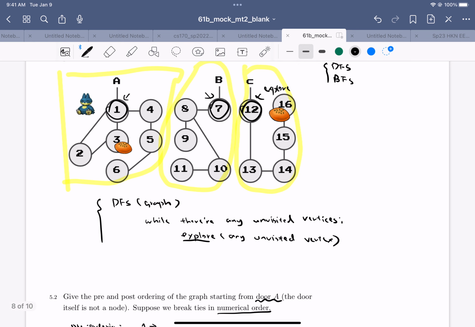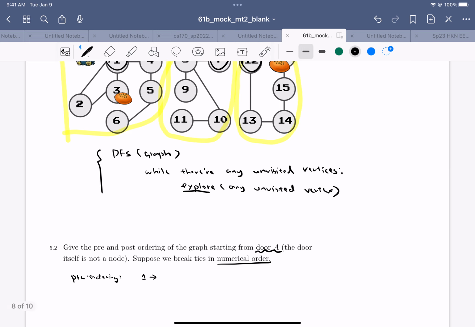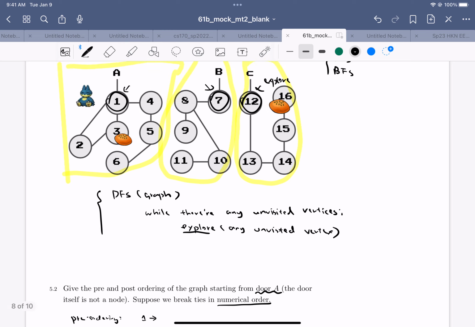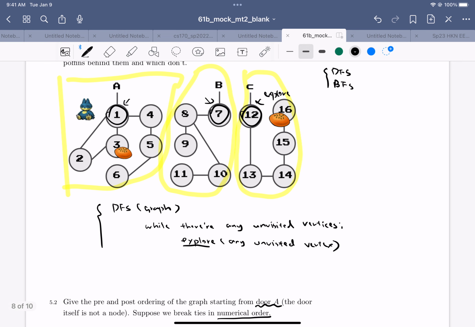Okay, so for the pre-ordering, we first start from vertex 1. There are two choices that we can make. The first one is that we can visit vertex 2. The second choice is that we can visit vertex 4. But the question says that we need to break the ties in numerical order, so we visit vertex 2 first, and then visit 4 after we visit any nodes that connect to vertex 2, right?